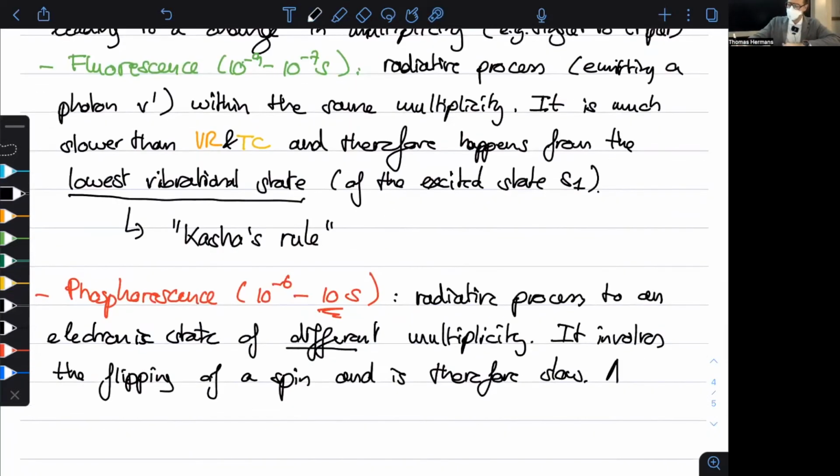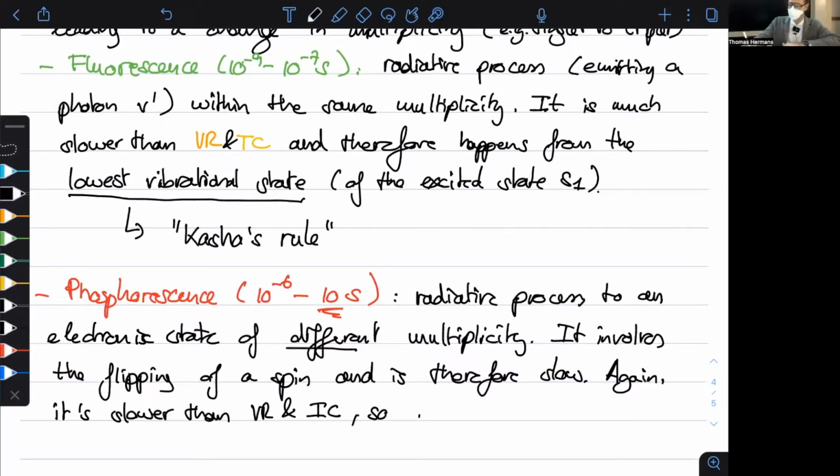So again, it's slower than vibrational relaxation or internal conversion.